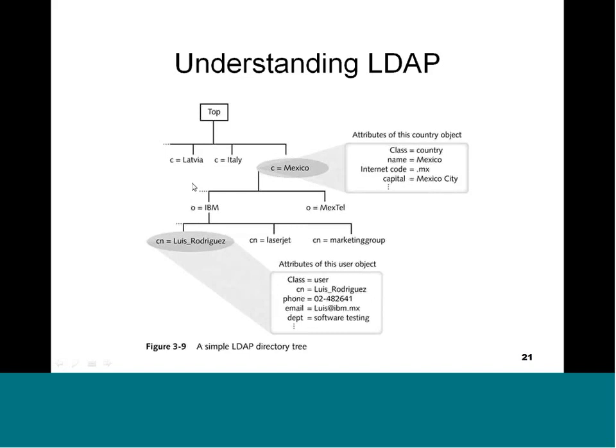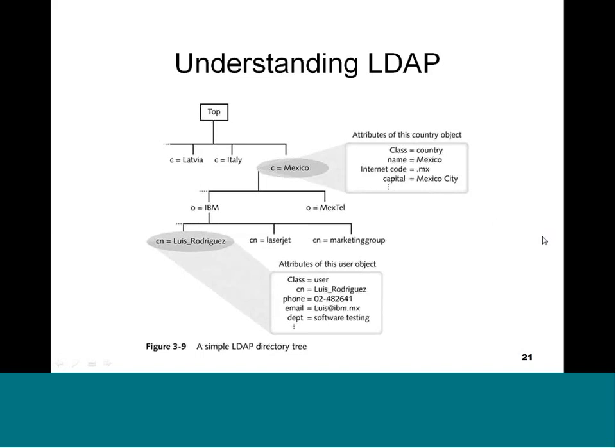Under top we have Latvia, Italy, and another one, Mexico, and there are attributes of these country objects.